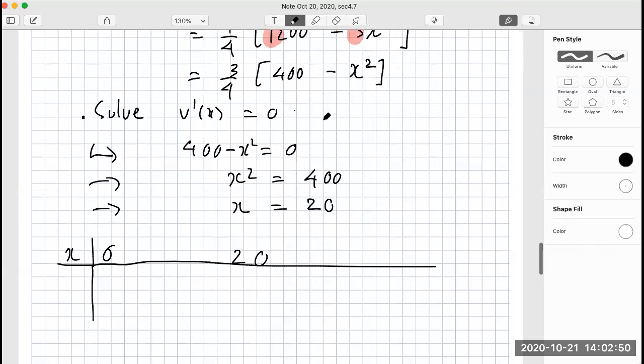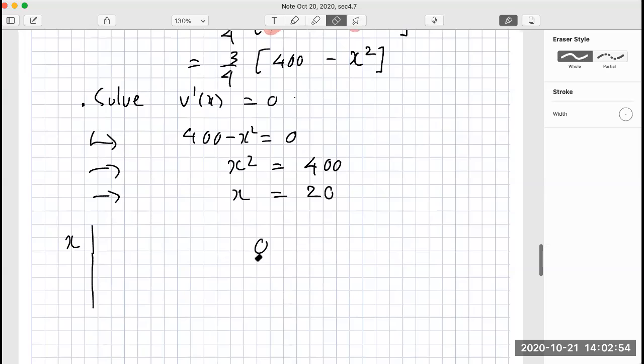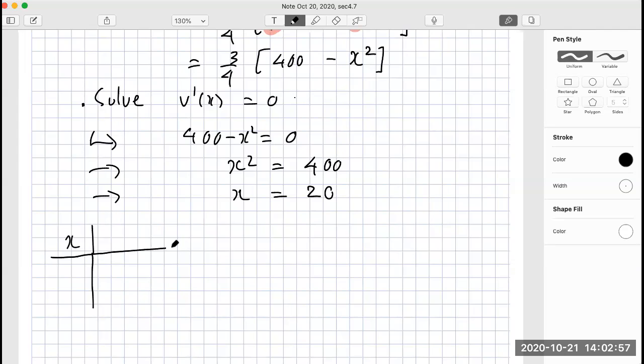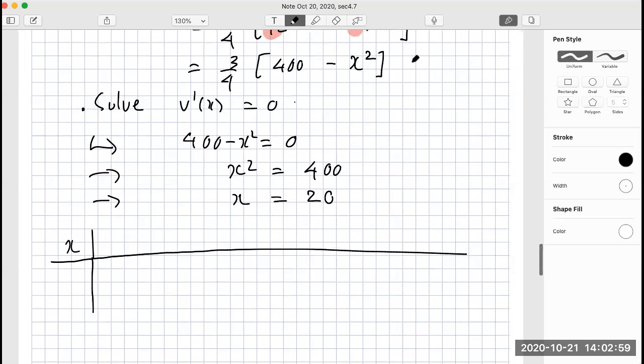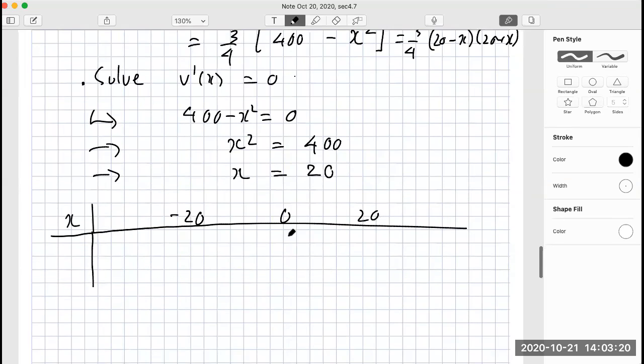Okay, let me write it, sorry. I think it is better if we write it this way: 20 minus x and 20 plus x here, right? And negative 20, 0, 20. And we know that it is always positive.